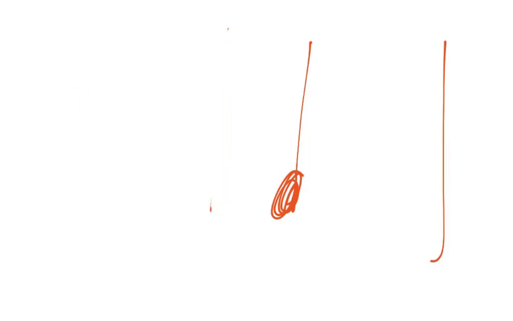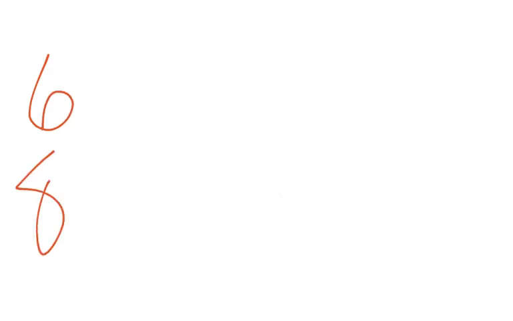Now let's do something in 6/8. Essentially what you're doing is taking the value of any note in common time and doubling it. You can also think of it as an eighth note gets one beat, so that means a quarter note gets 2 beats, a 16th note gets half a beat.